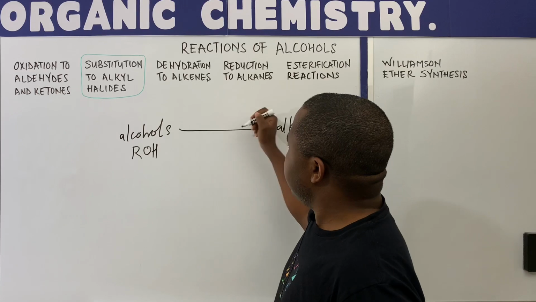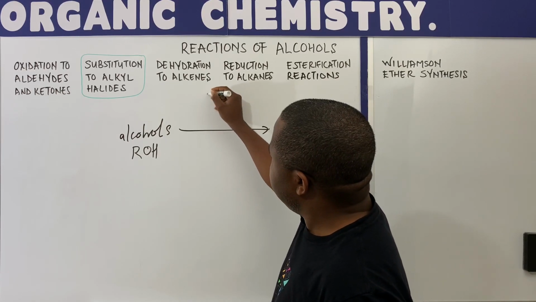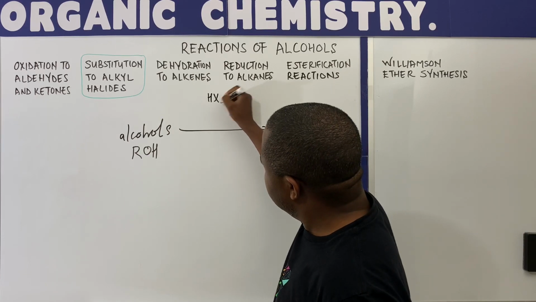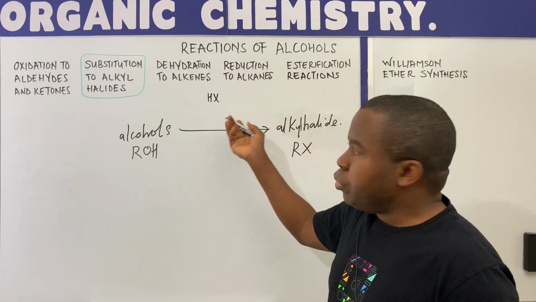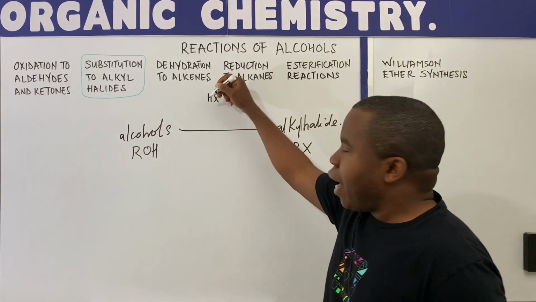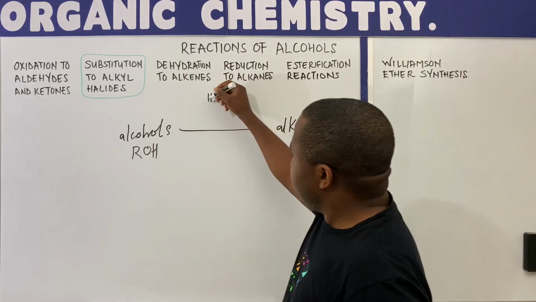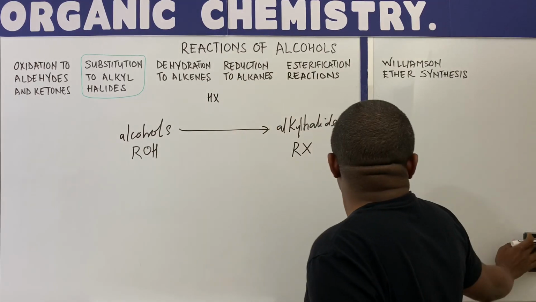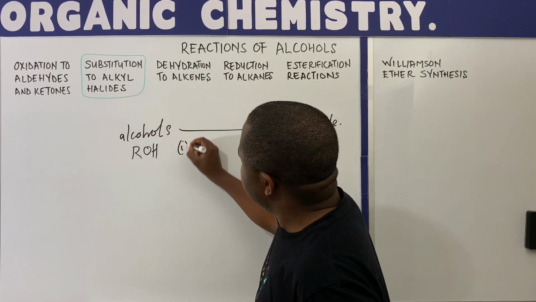So to do this transformation, we have used this reagent. So you can use either this. Instead of writing hydrogen chloride gas or hydrogen bromide gas, we're just going to say hydrogen halide, which is represented by HX. So we have used this. Let me write it underneath.